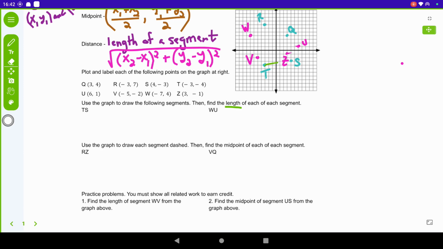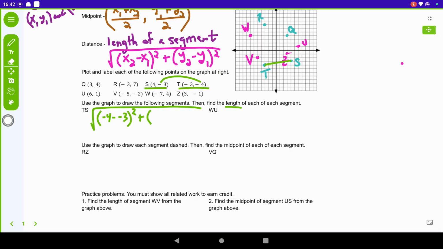So we're going to go from T to S. And so we've got T and S. So square root, big square root here. And then we're going to go y2 minus y1. So much like when we talked about slope, you can connect these. Negative 4 minus negative 3.